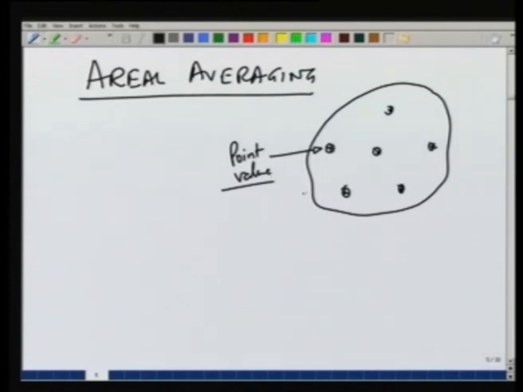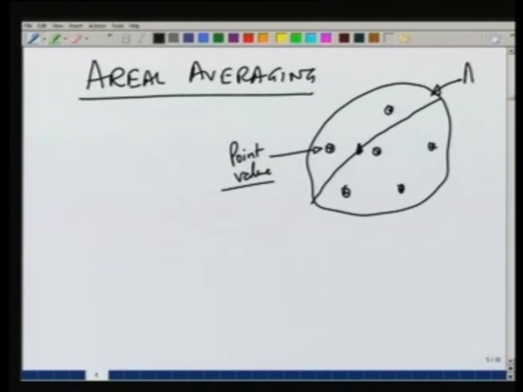And most of the time we would be interested in finding out the areal average. So, over this area, if there is a river flowing, this may be the catchment area of the river, or it may be some other area, but we are interested in finding out the average depth of precipitation over the area, so that we can get the volume of water which is generated by that precipitation.